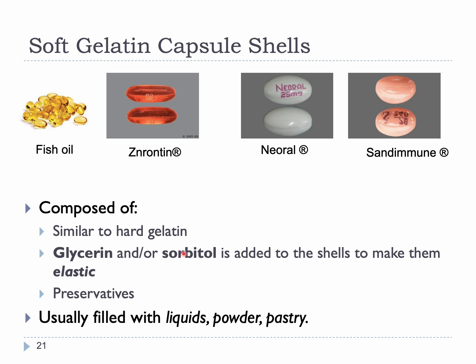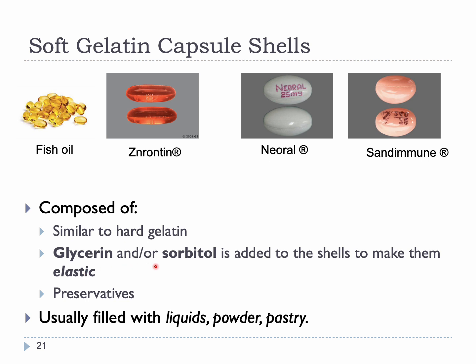However, in the soft capsule shell, there's another additional ingredient, glycerin and/or sorbitol. This ingredient is added to the shell to make it elastic. So the soft gelatin capsule shell is more elastic than the hard gelatin capsule shell. Preservatives and colors, etc. are added the same as for the hard gelatin capsule.